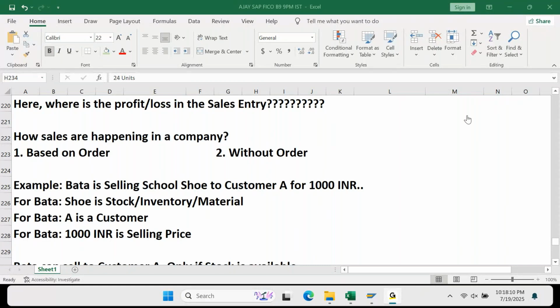Is vendor accounting possible without accounts payable? No. Without accounts payable, vendor accounting is not possible. Okay. Without a customer account, without accounts receivable, is customer accounting possible?